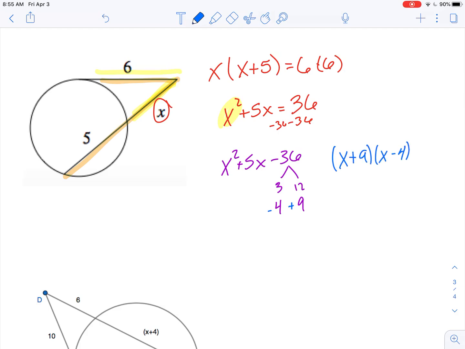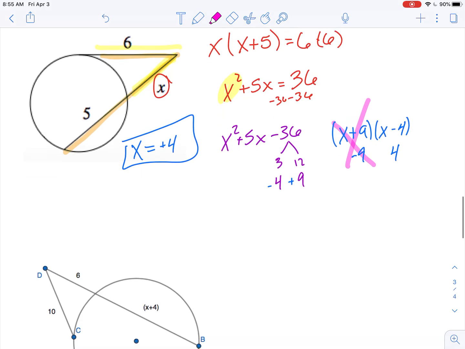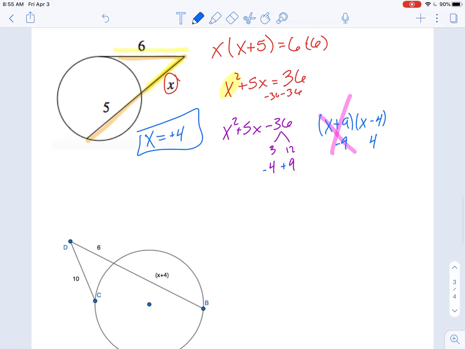So what I need to do is, if I want positive 5, then I want a positive 9 and a negative 4. So x positive 9, x negative 4. And the roots would be negative 9 and positive 4. So I'm just going to take the positive value of x equals positive 4.